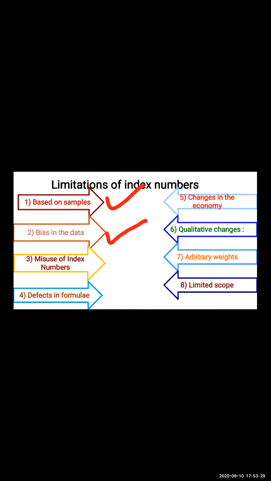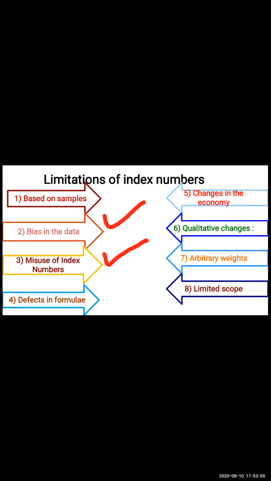There is a possibility that we might do partiality in collecting the data. So index numbers are constructed on the basis of various types of data which may be incomplete. They may be biased in the data collected. So it is not compulsory that data is bias free. Partiality can be there.